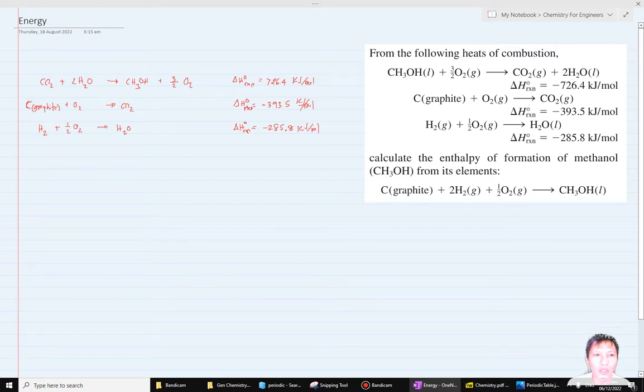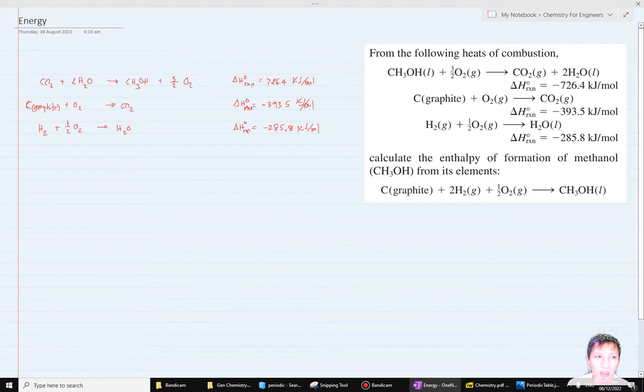where's your hydrogen? This one has a multiple of 2H2. Your hydrogen would be lacking, so you can multiply this by 2.